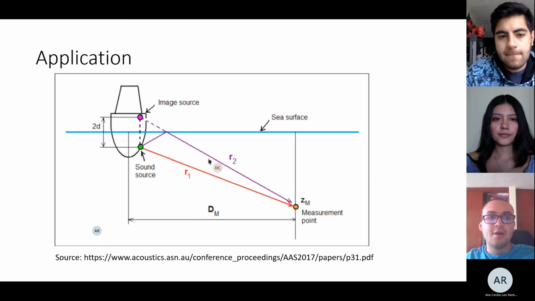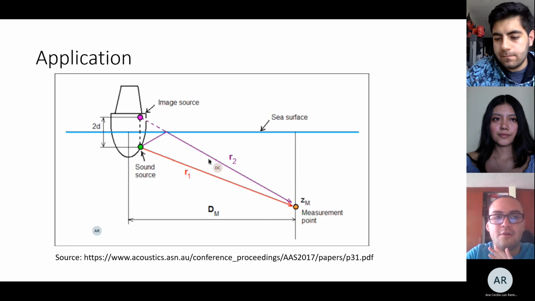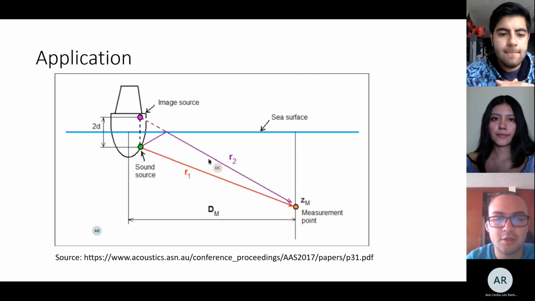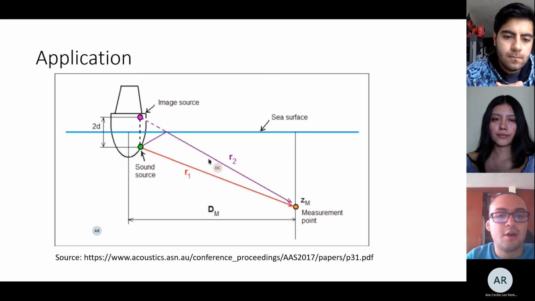So a nice application for the Lloyd's mirror is this model over here that is used to analyze sound contamination underwater.